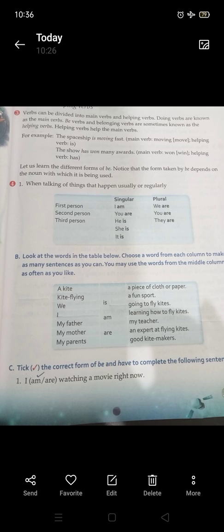Look at the words in the table below. Choose a word from each column to make as many sentences as you can. You may use the word from the middle column as often as you like.